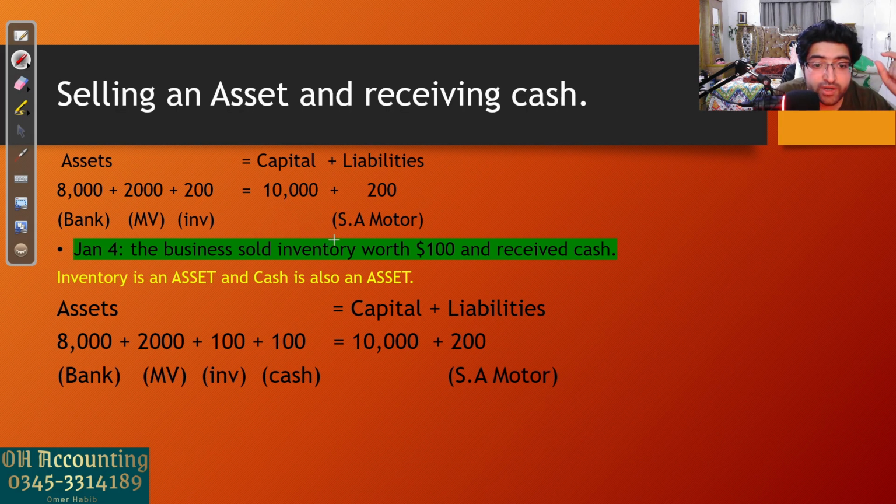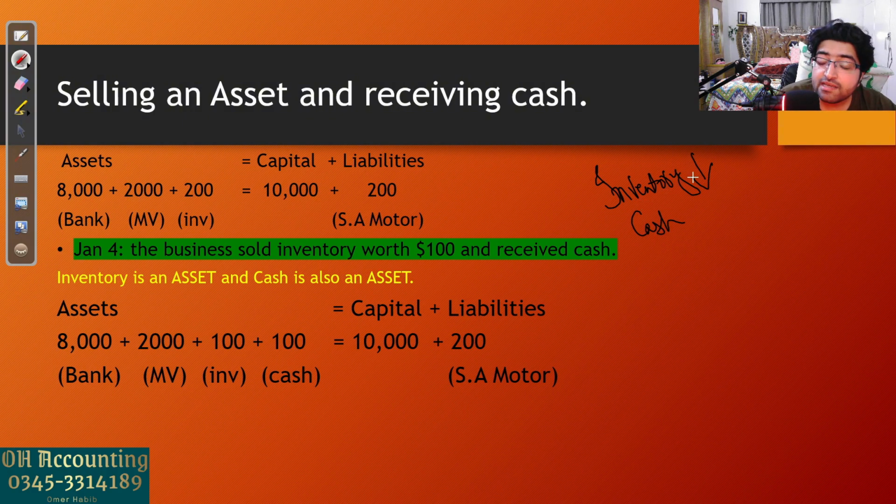The business sold inventory worth $100 and received cash. Now you know inventory is an asset and cash is also an asset. So in this transaction we are talking about two assets. One asset is decreasing whereas other one is increasing. Inventory is decreasing. Why? Because you're selling it off. Right?